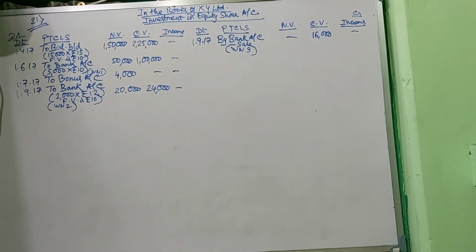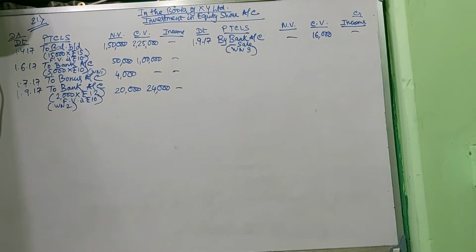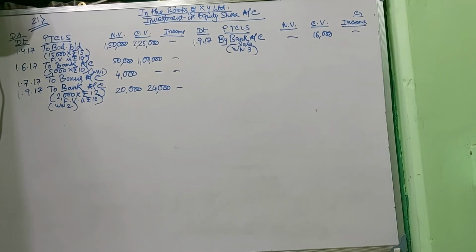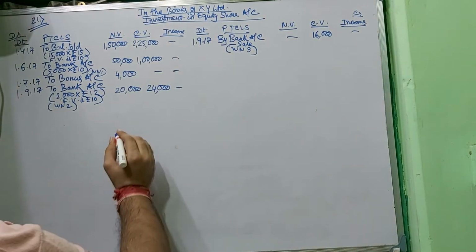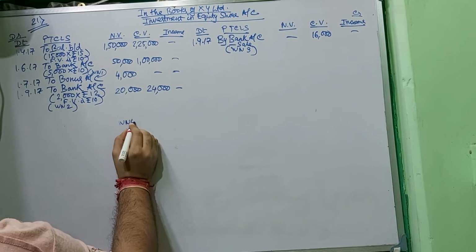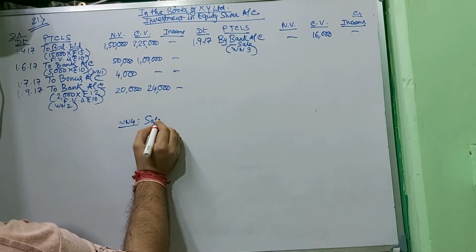Next is obviously sale of shares. Average cost, 50% obviously to be sold. Half has to be sold. Sold half of its holding. It has been given. So working note 4, if you calculate it, sale of shares.